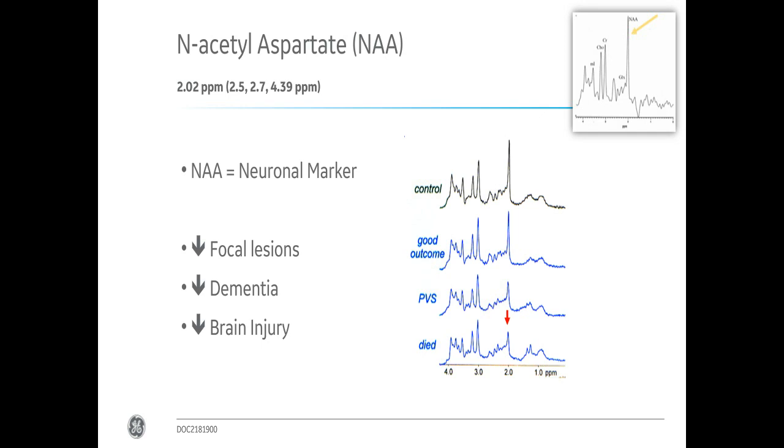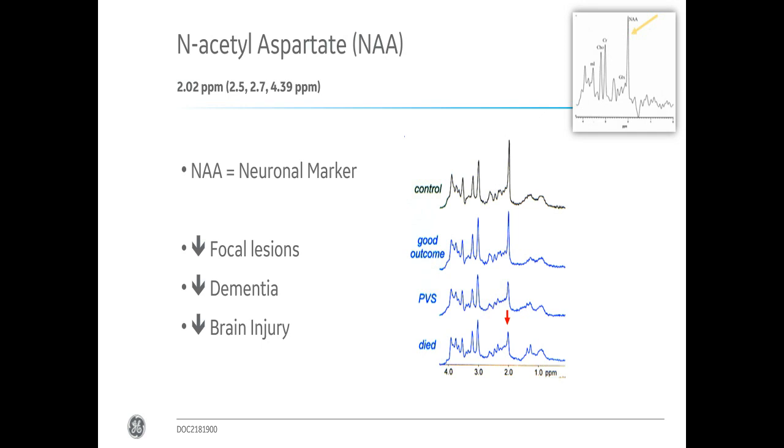And this example, again, is really from patients with different severity of brain injury.